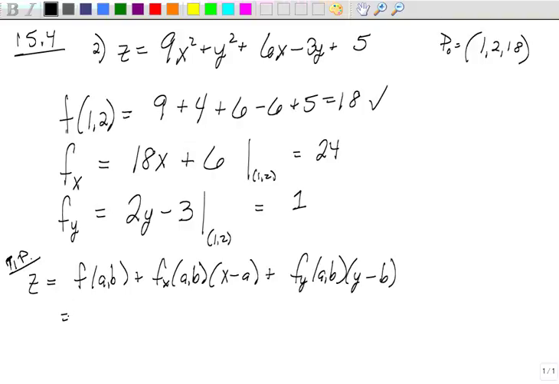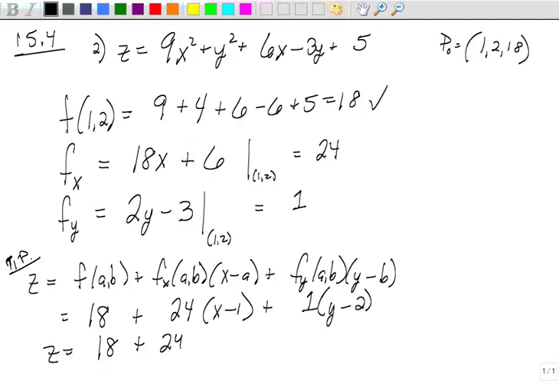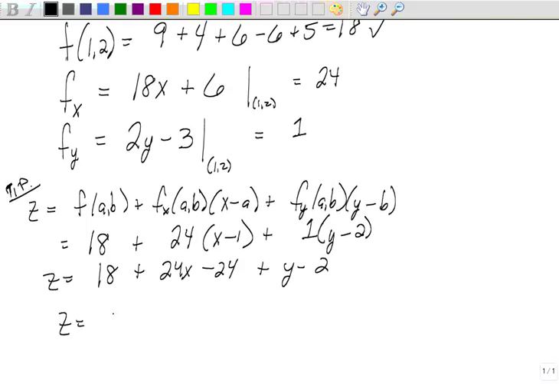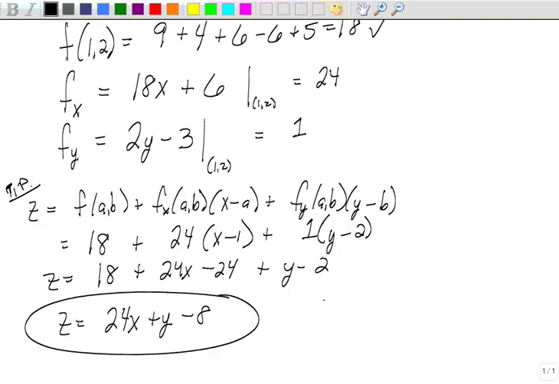So this is going to be 18, that's f of 1, 2, plus 24 times x minus 1, plus 1 times y minus 2, where b is 2. So the tangent plane equation is 18 plus 24x minus 24 plus y minus 2, and we have z equals 24x plus y minus 8. That's the equation of the tangent plane.